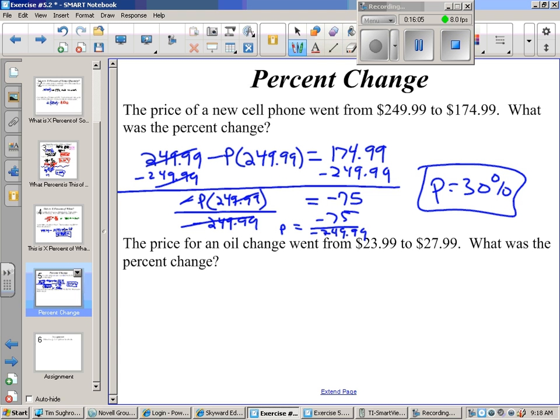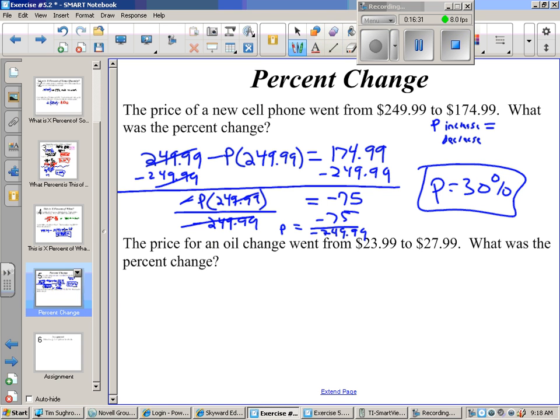Now, I'm going to show you a shortcut. If you can remember, this works every time for percent increase, percent decrease. One thing that you can do, you can take the new price minus the old price, and it doesn't matter if it's plus or minus. It really doesn't matter. This will work every time if you want to find a percent increase or decrease. You can always put the change in price.